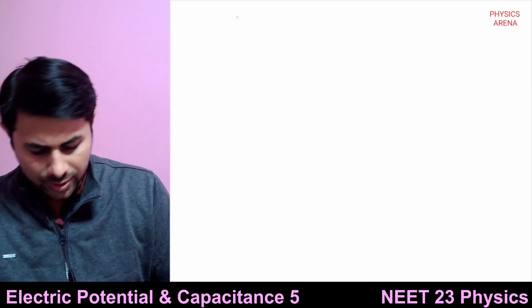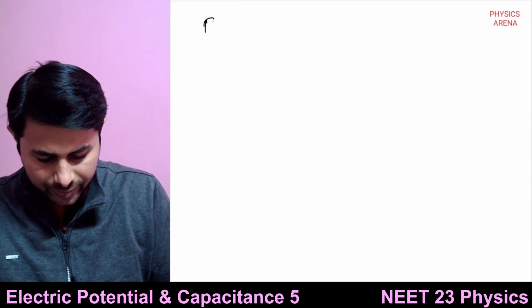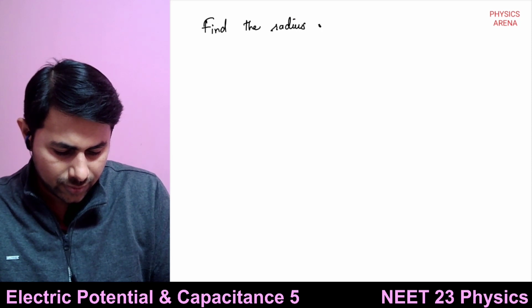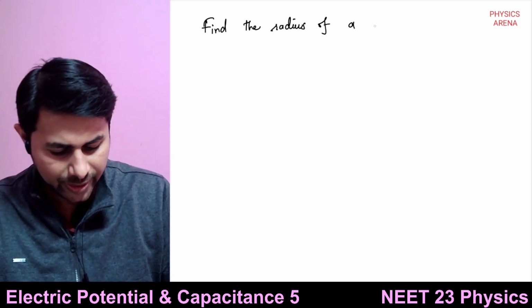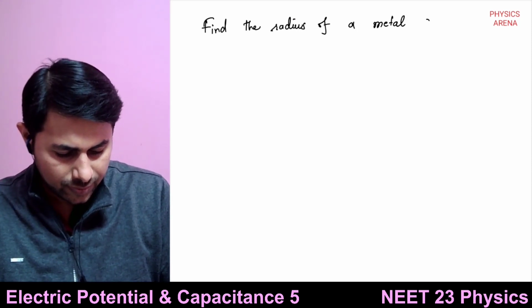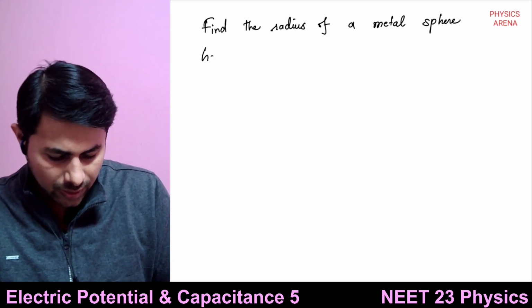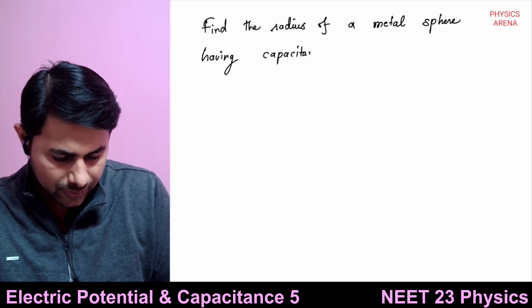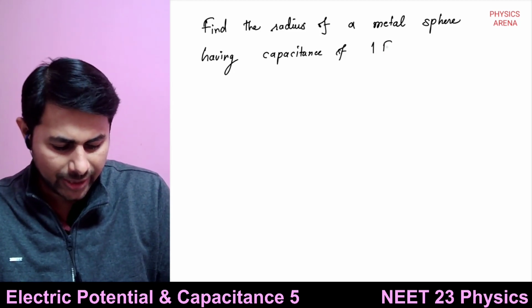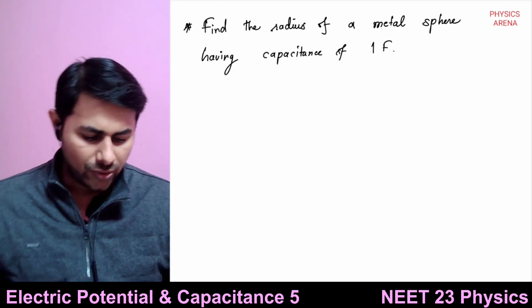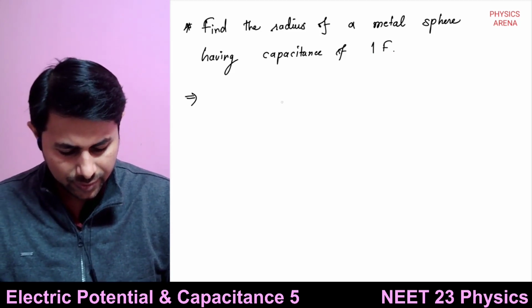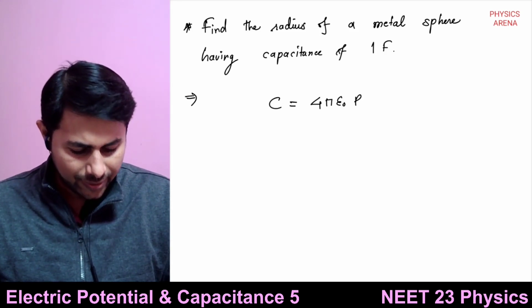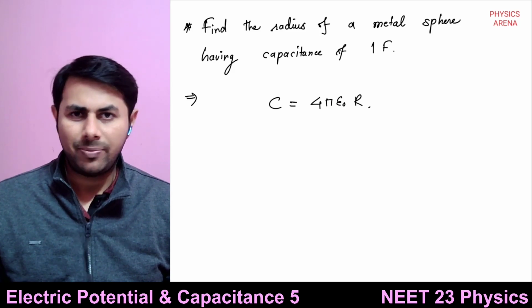So let's consider this question. Find the radius of a metal sphere having capacitance of 1 farad. So we know C is equal to 4 pi epsilon naught R, and capacitance is 1 farad.